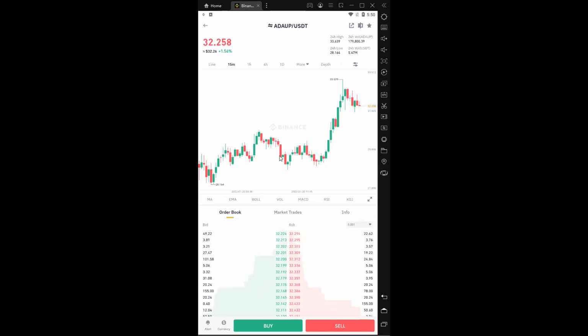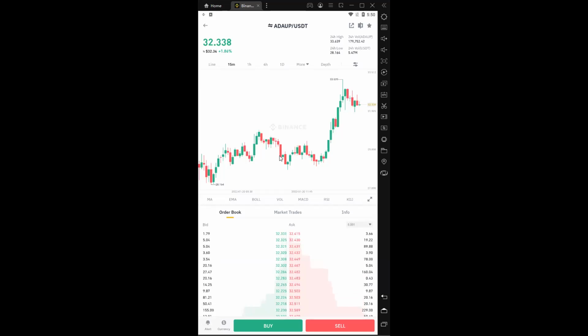If the price of ADA goes up 5%, this one will be up 15%. If the real coin dumps 5%, this particular one will be dumping 15%. That is how leverage tokens work.